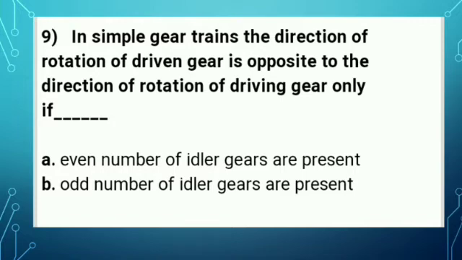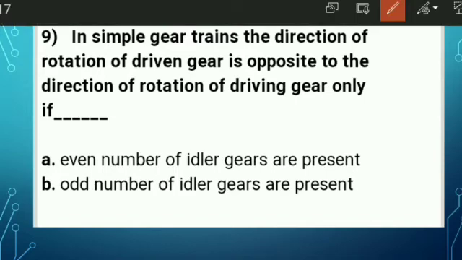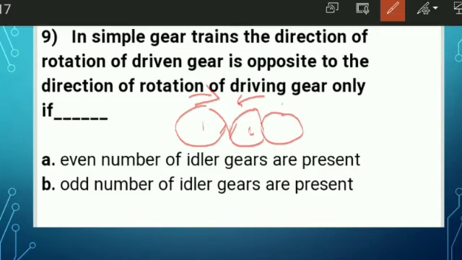In a simple gear train, the direction of rotation of the driven gear is opposite to the direction of rotation of the driving gear only if. So in that case we take at first two gears. If they are meshing with one another, and the direction of the first gear is clockwise, then the second gear revolves anti-clockwise, and if there is another one, it rotates clockwise, and if there are four gears, it also rotates in the opposite direction.